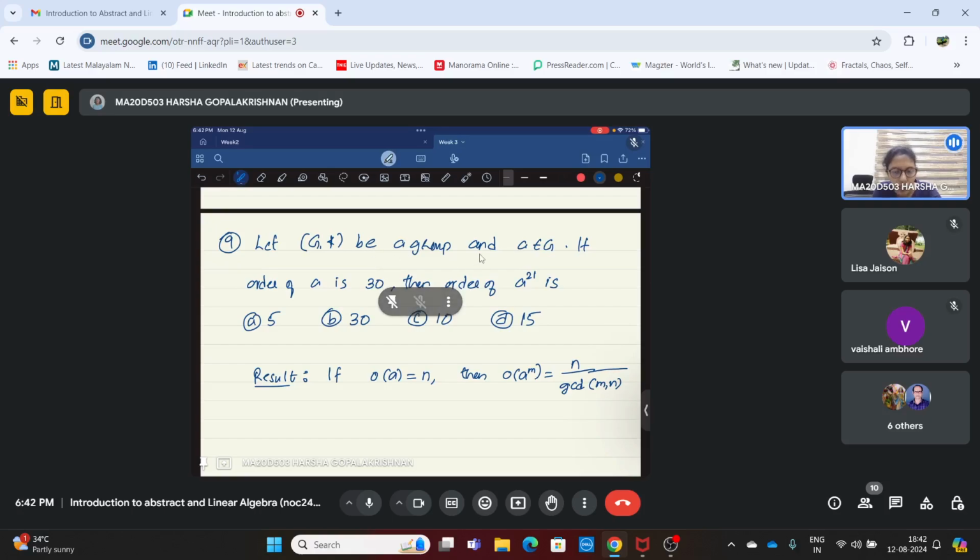Here also it is just an application of this result. The same way, questions will come in your exams also, just to apply this formula. So here the order of A is 30, so n is 30. Can anyone do this and tell us the answer?